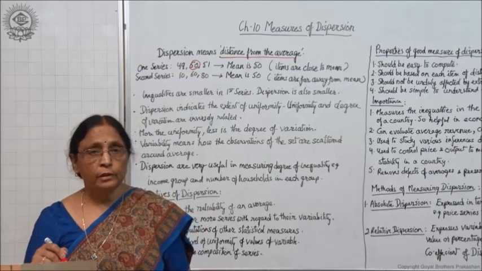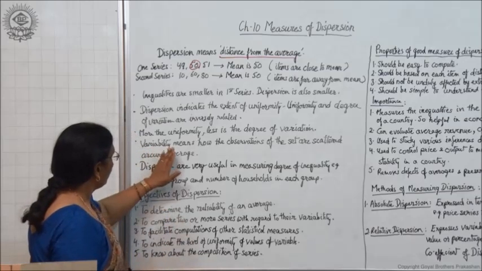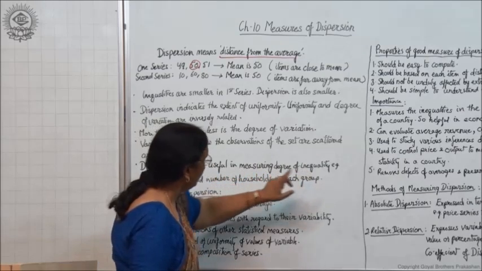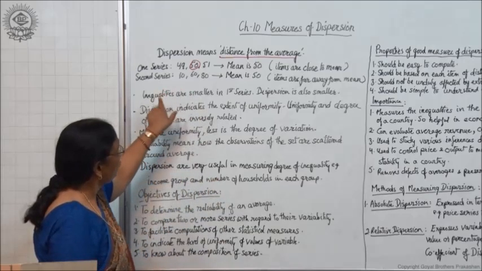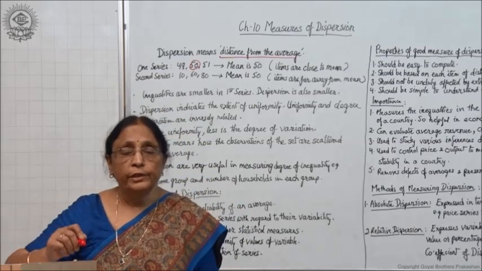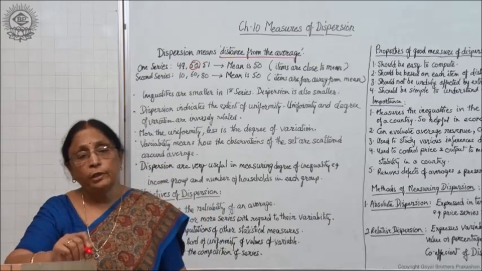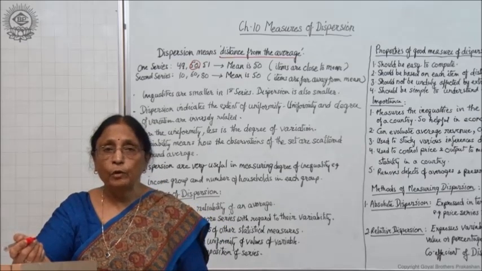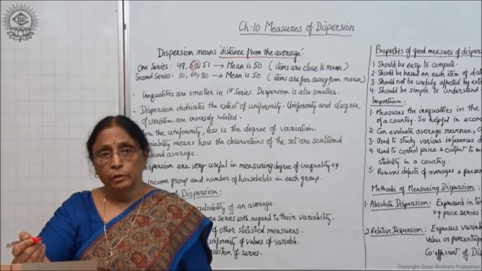Got it? So this way, dispersion is very useful in measuring degree of inequality. So because of all this, you can say that the degree of inequality or the degree of variability we can measure with the help of dispersion.